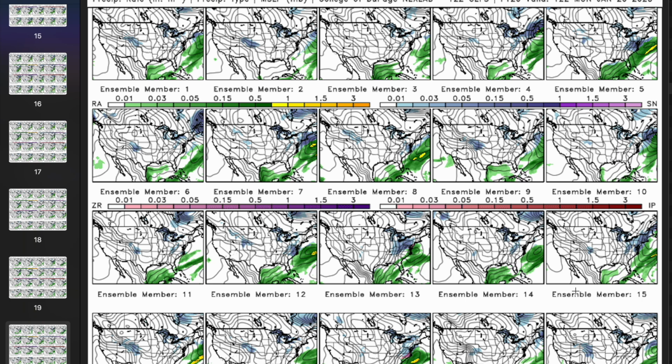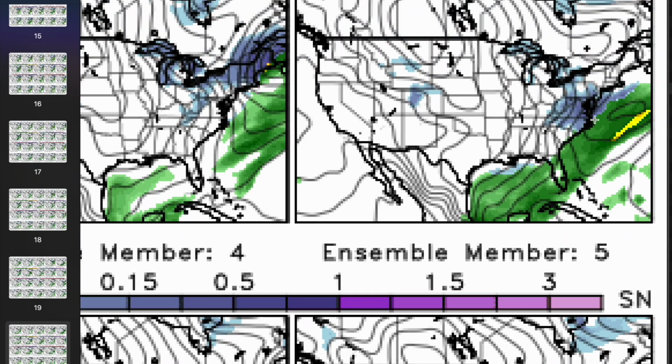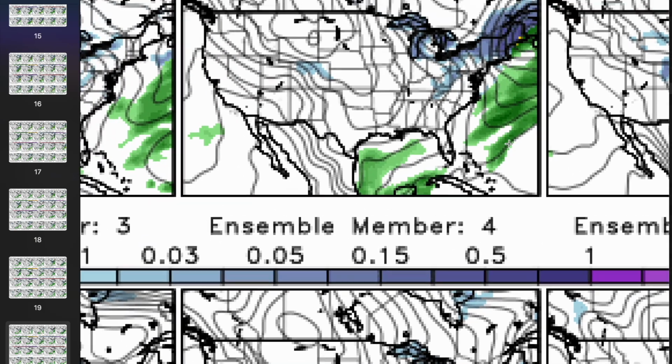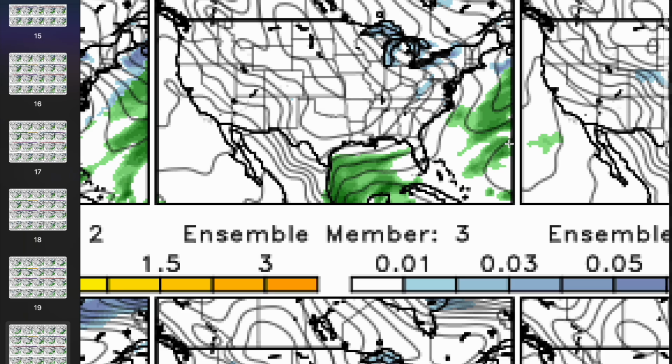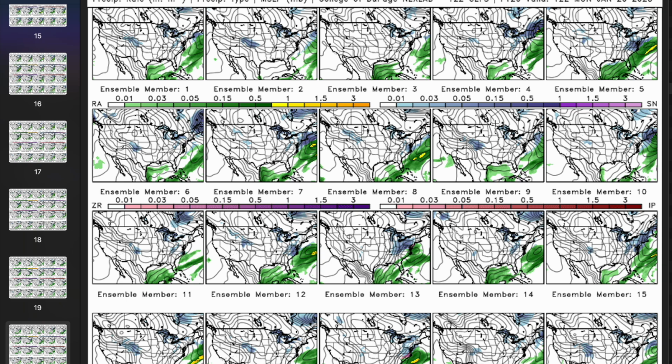If we continue, some of these members, you remember those little low pressure centers off the coast of the Carolinas, some of them produce some lows, some of them do not. So here member 5 does, member 4 does not, member 3 doesn't. What this means is that, well, that's not entirely confident.